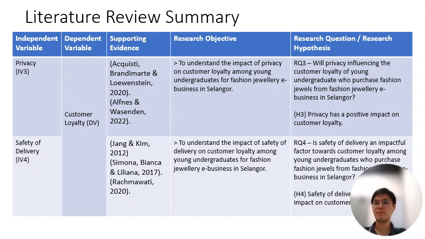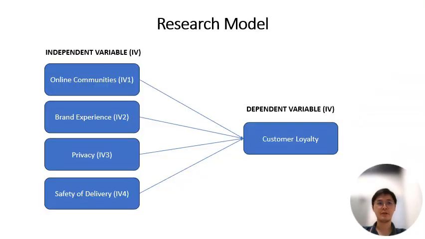We want to see whether privacy concern has an impact: if the companies address it well, would it constitute a better chance of customers being loyal? Same goes for safety of delivery. So this is the research model for the IVs towards the same DV.